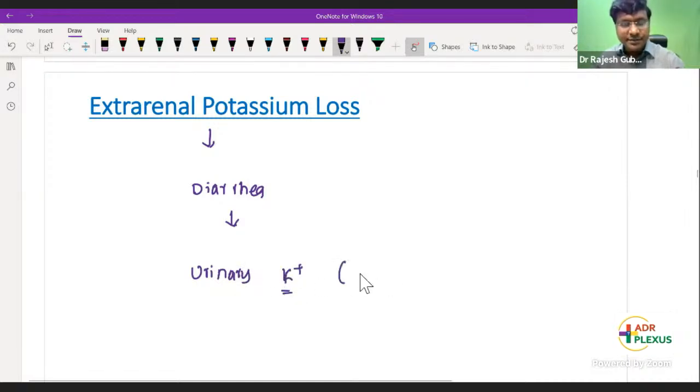Urinary potassium will be less than 30 milliequivalents, right? Which one? If it is secondary to your diarrhea, right? Next. Now, the other important etiology which will cause hypokalemia is renal tubular acidosis.